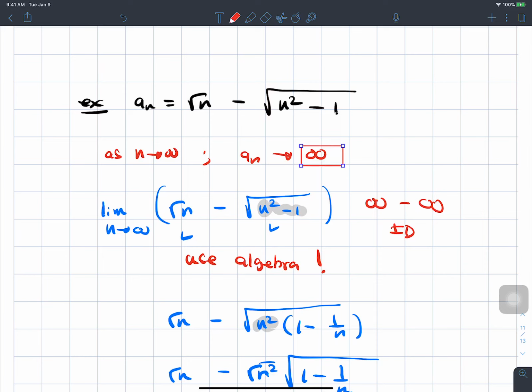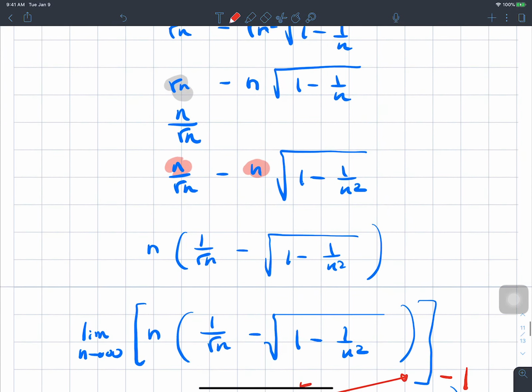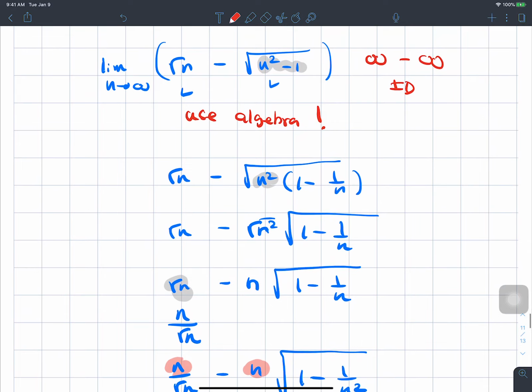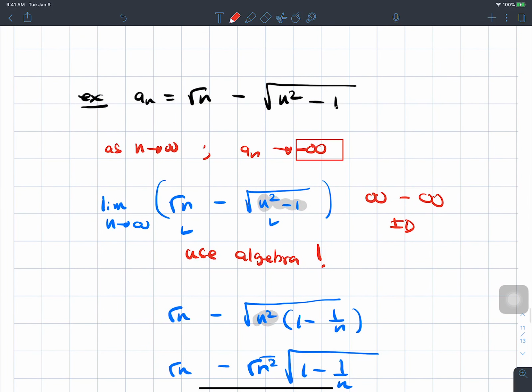It gets big. I think it's minus infinity, sorry. I think I made a mistake. This n is positive infinity. This other portion goes to negative 1, so that makes this negative infinity, ladies and gentlemen. Sorry about that, because I looked at the question and said, that goes to negative infinity. Positive infinity times negative 1 gives you negative infinity.